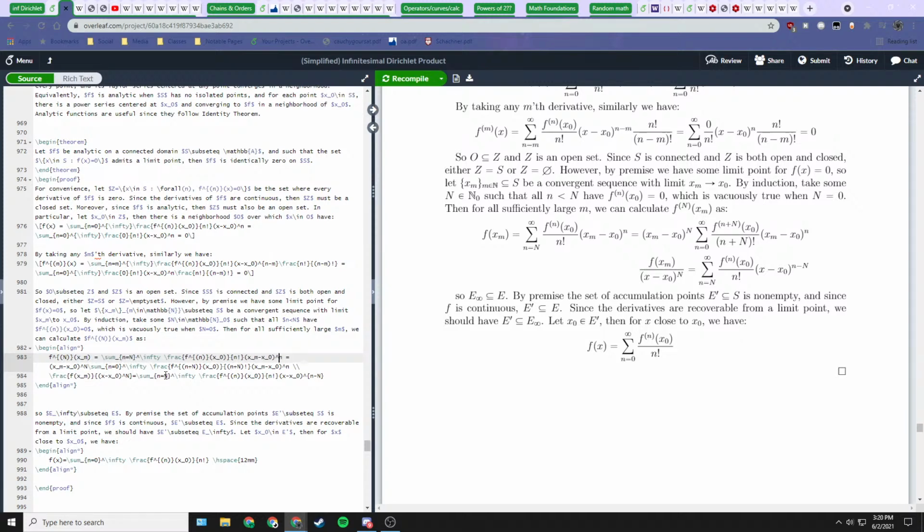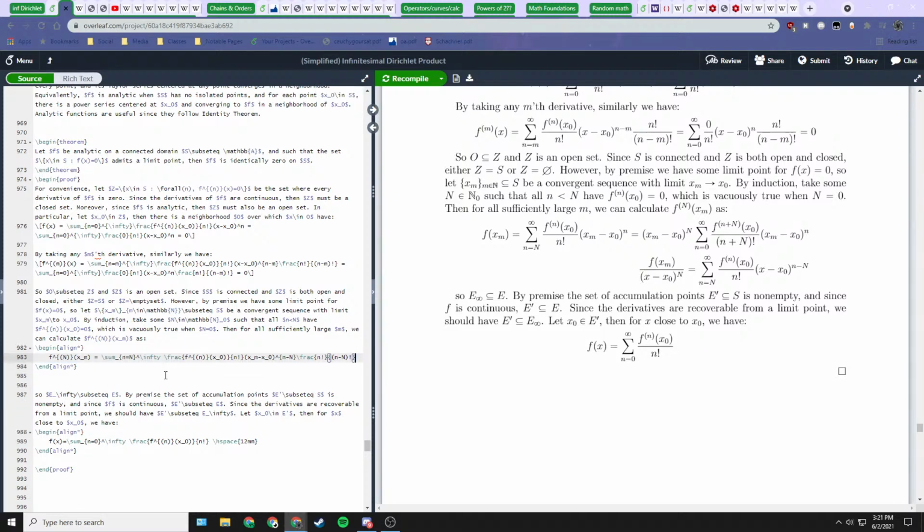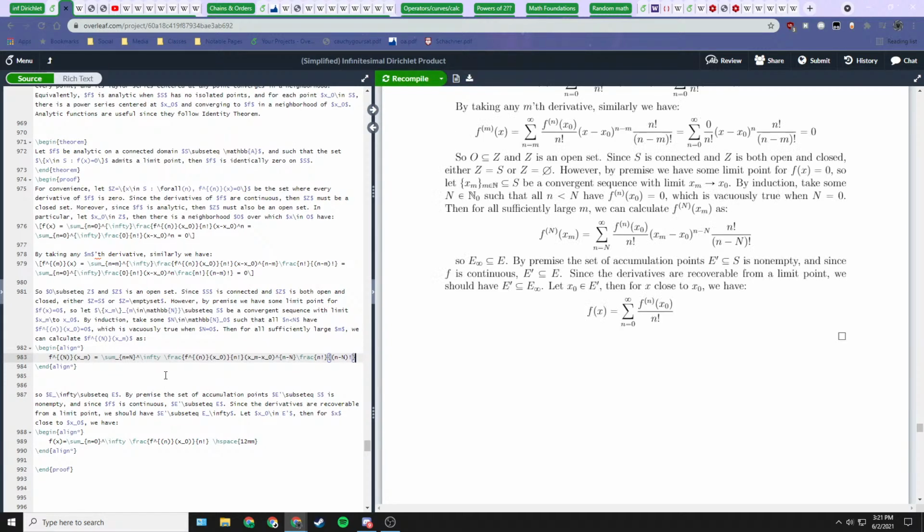Okay, so we'll do it like this. We'll do, actually, the derivative. Okay. So the nth derivative at x_m is this summation. We have the sum from n equals N to infinity, f^(n)(x0) over n factorial, and so on, which is this.